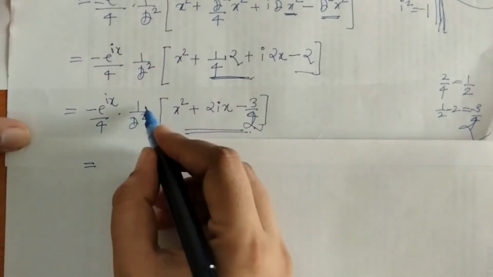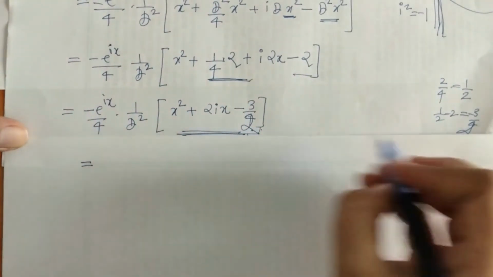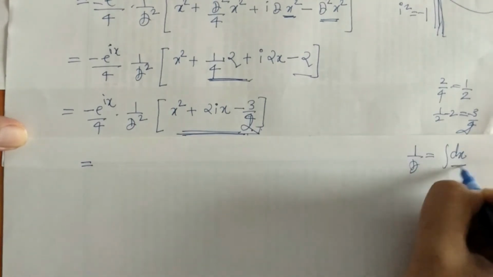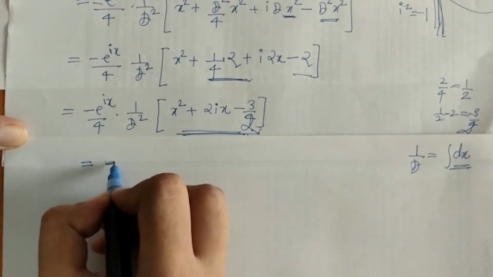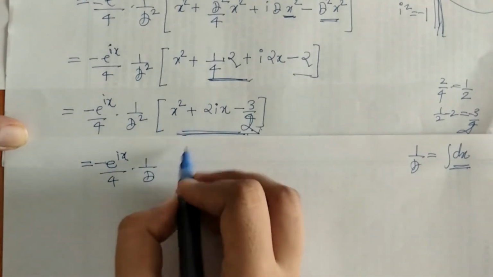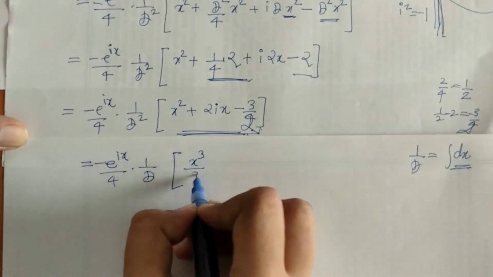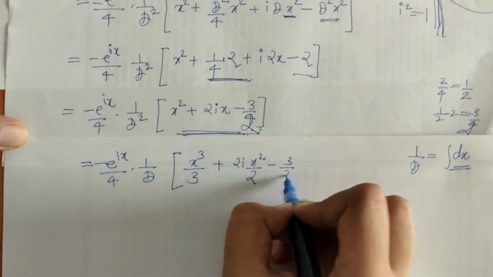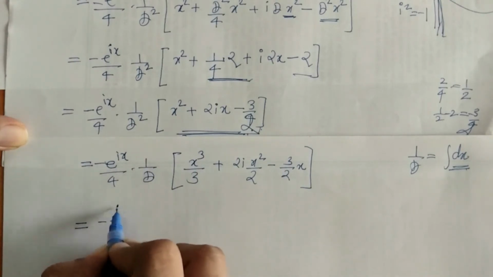Now we have to apply 1 upon d square on this expression. We know that 1 upon d is the integration with respect to x, and d square will be double integration. So we will apply this one by one. By taking the first integration, we have this.